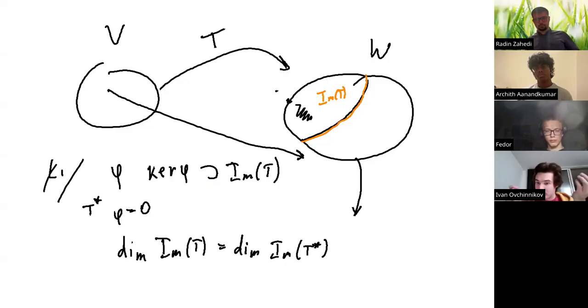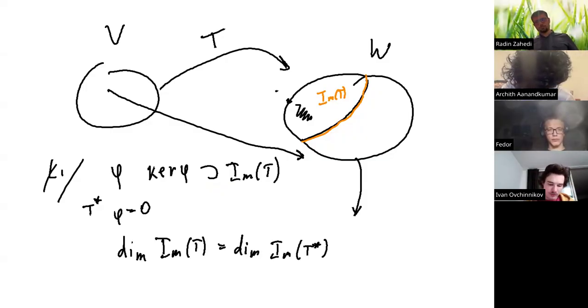There's not always an isomorphism, but you will always have a mapping from V to V star. You'll always have an injective map from V to V star, but not always an injective and surjective one. Sorry, this was a summary plus a bunch of other comments.